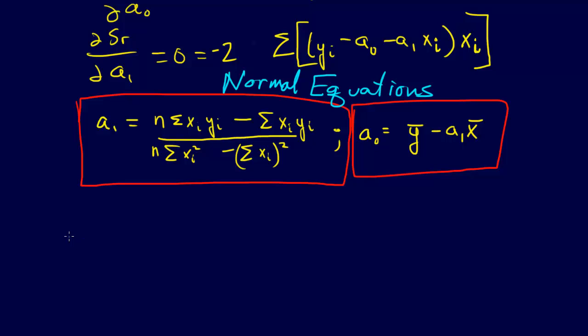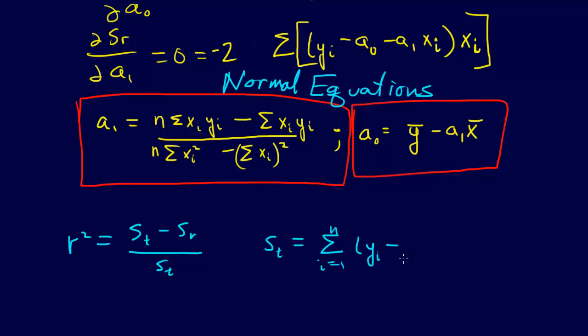Well, it just so happens that r squared is equal to (St minus Sr) all over St, and St is equal to the total sum of squares, so that's the sum from i equals 1 to n, like we always have here, of (yi minus y bar) squared.